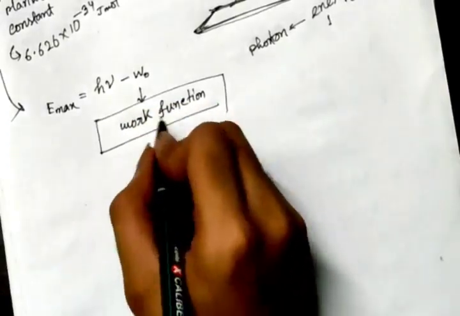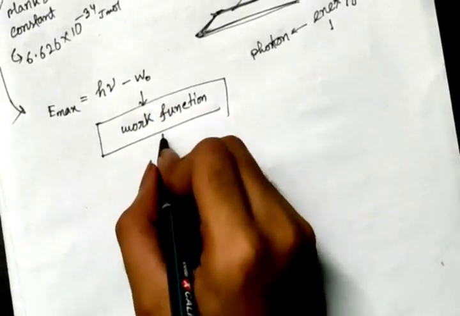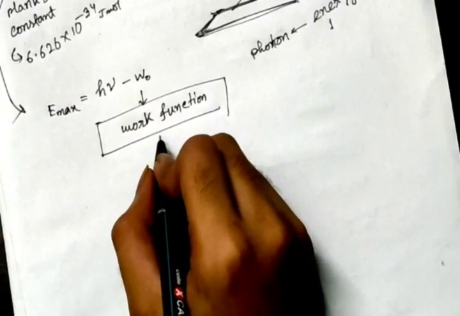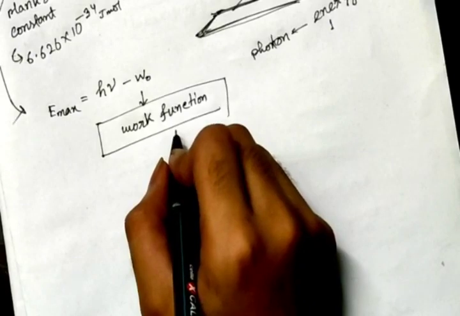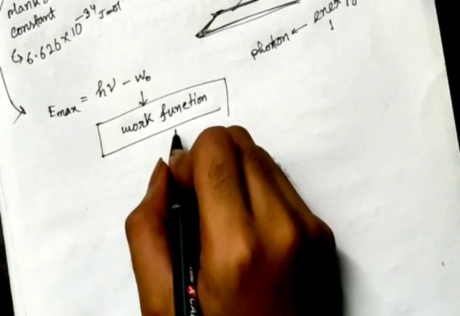What does it do and what is it? The work function is the minimum energy that is required to start the photoelectric event.